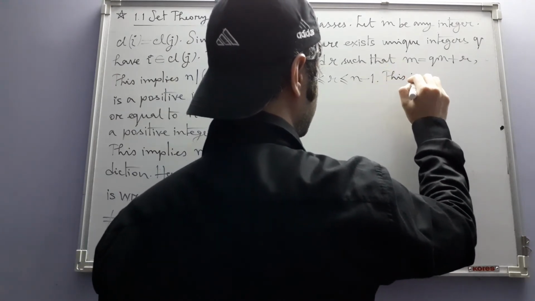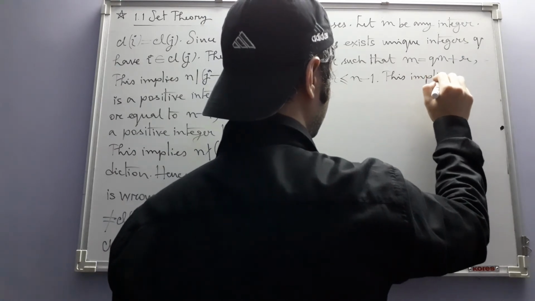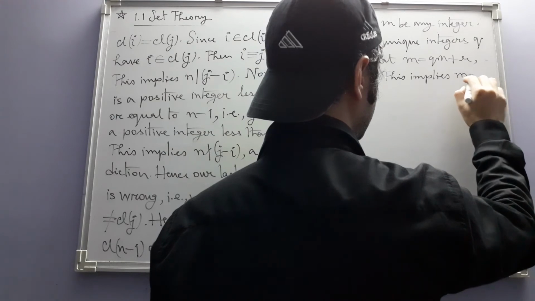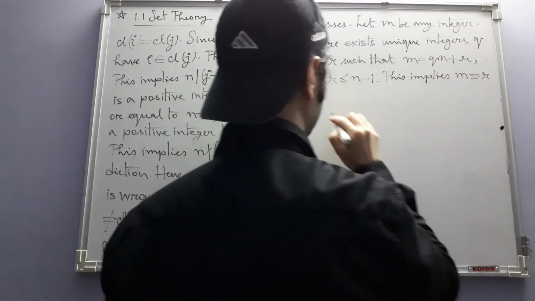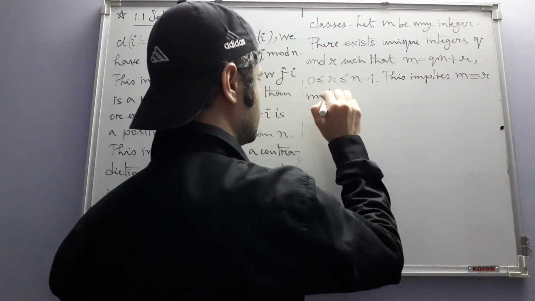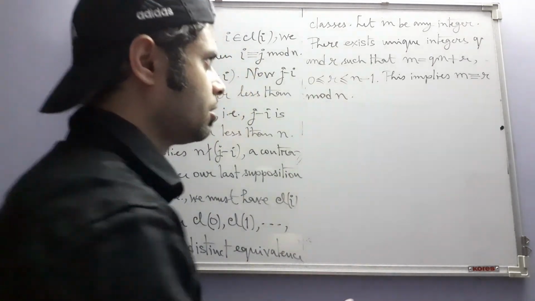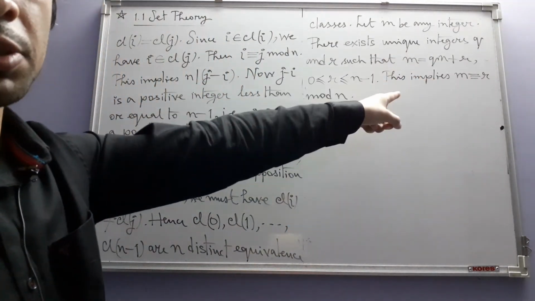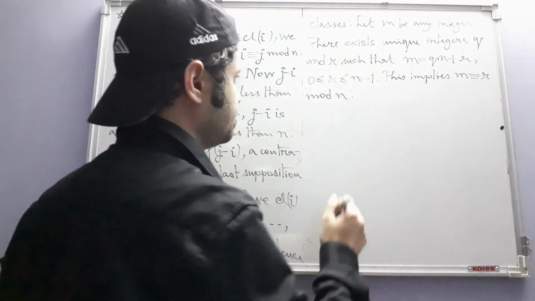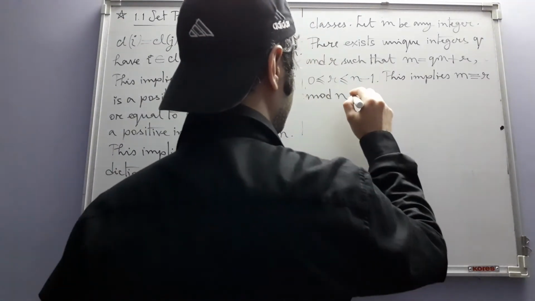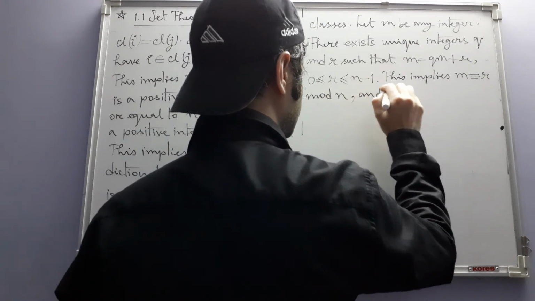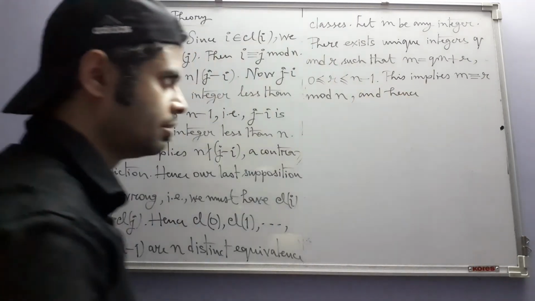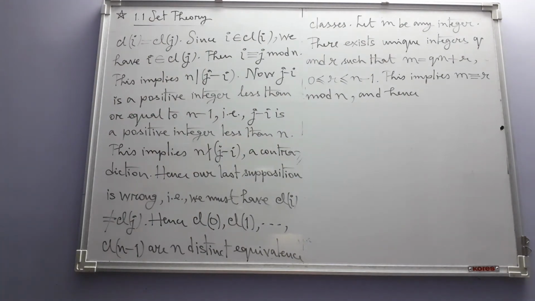This implies m is congruent to r mod n because the difference m minus r is divisible by n, and hence m and r are related according to our relation.